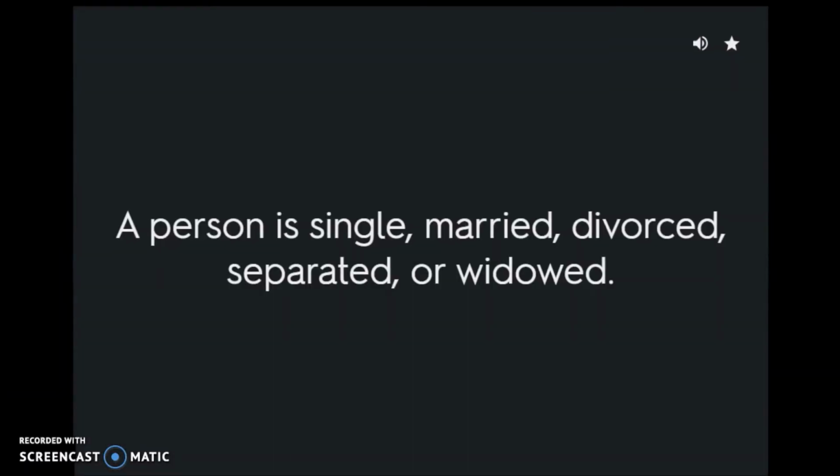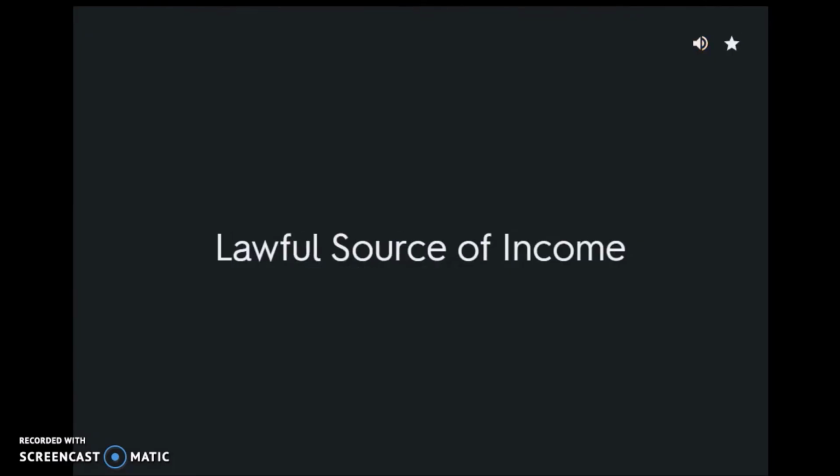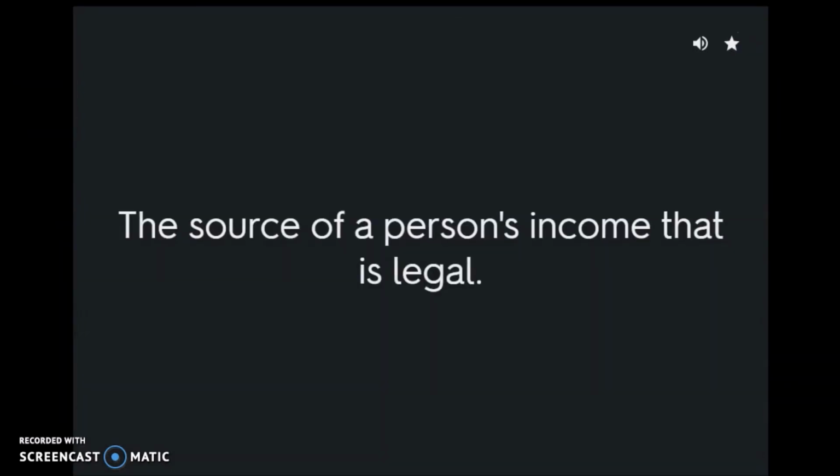A person is single, married, divorced, separated, or widowed. Lawful source of income. The source of a person's income that is legal. Status as a victim of domestic abuse, sexual assault, or stalking. Is or is believed to be a victim of domestic abuse, sexual assault, or stalking.